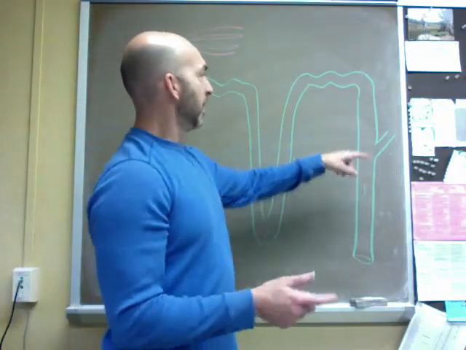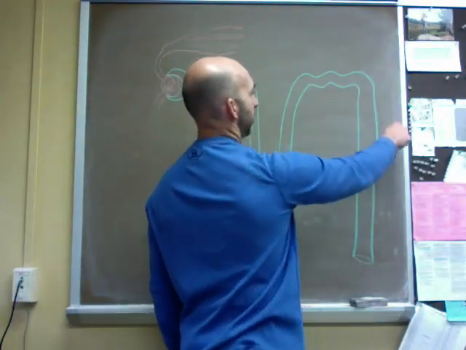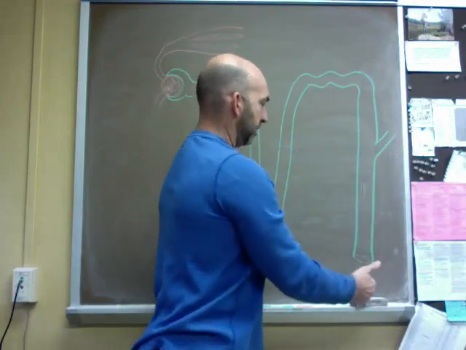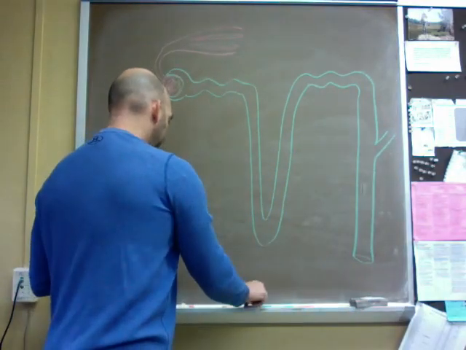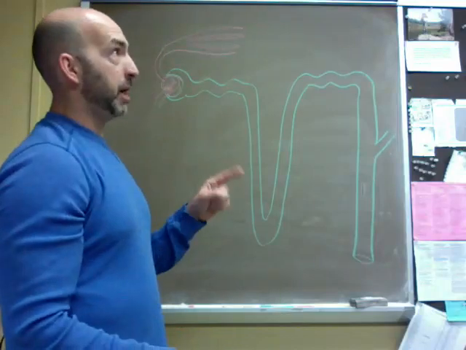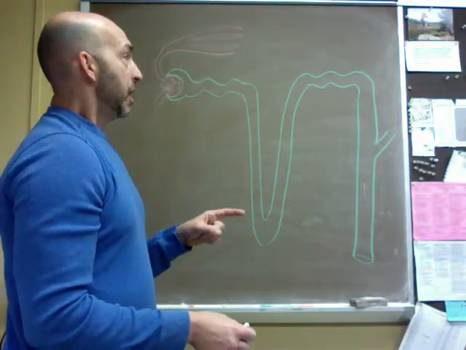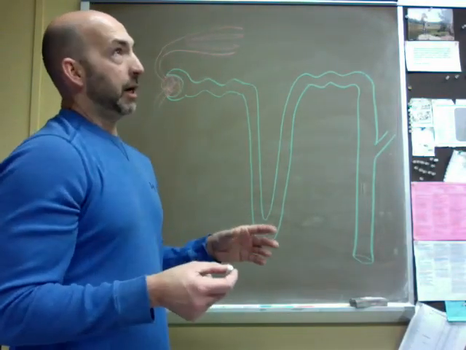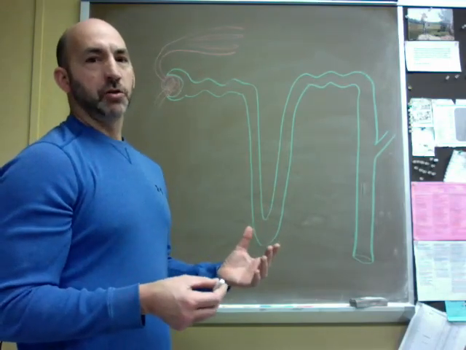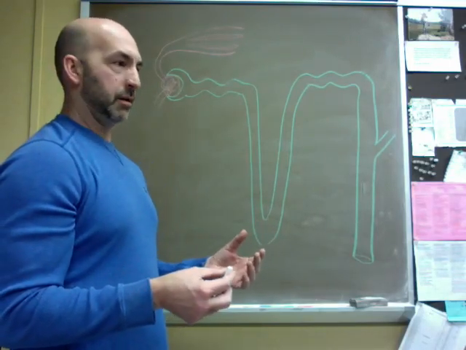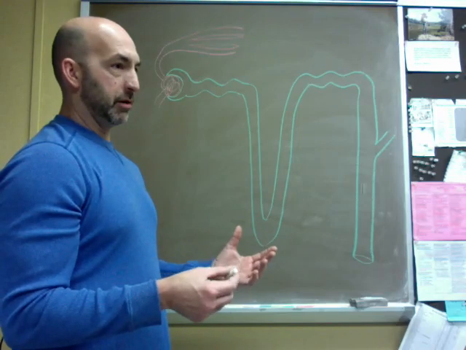The collecting ducts, this could be coming from a cortical nephron up above and then run down into the medulla. What I've drawn here is a juxtamedullary nephron because they essentially have one additional function that cortical nephrons don't possess.